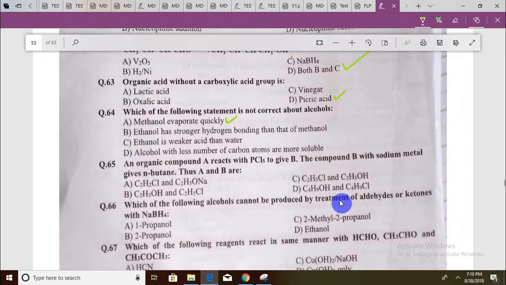An organic compound A reacts with PCl5 to give P, right? And the compound P with sodium metal gives n-butane. This A and B are... This is irrelevant, I think.